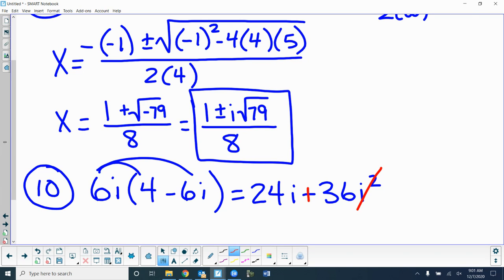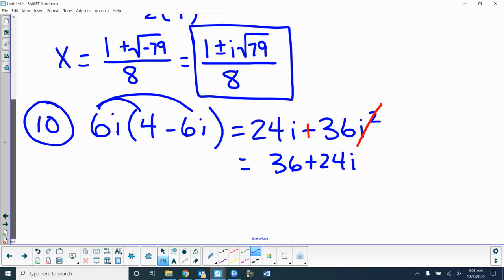So that makes that a positive 36, because it's like negative 36 times negative 1, right? So put it in the right order. Our answer is 36 plus 24i. Questions on that? That's a pretty easy problem too.